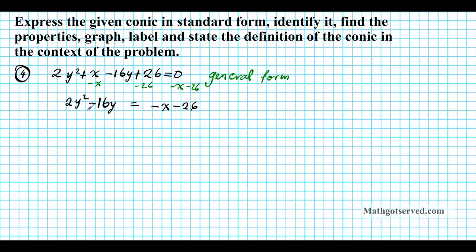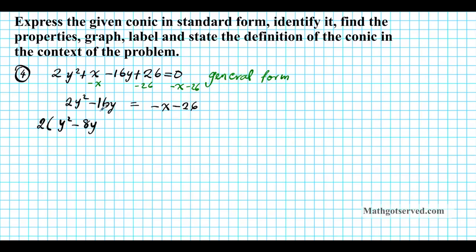All right? So to make this into a perfect square, we have to first of all ensure that the squared variable has a coefficient of 1. This squared variable has a coefficient of 2, so we need to address that by factorization. So we're going to factor out the 2, and we'll be left with y squared minus, if you factor out 2 from 16, you have 8y.